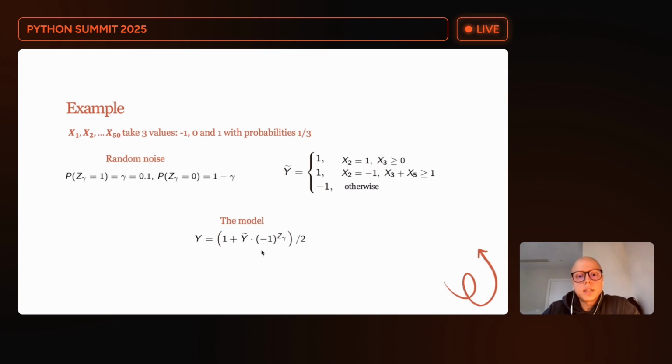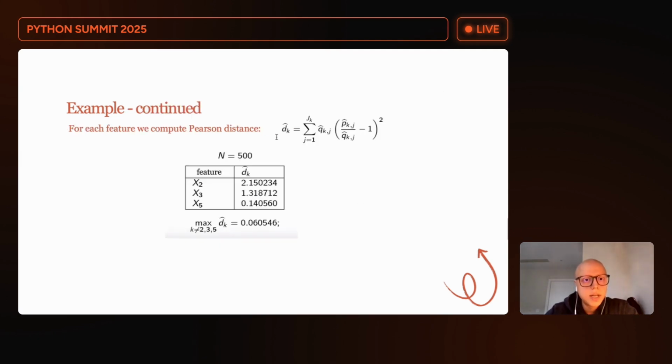The final model looks like this. The final model is y taking value either 0 or 1 based on some random noise plus something that depends only on x2, x3, and x5, and does not depend on everything else, even though we have already generated it.